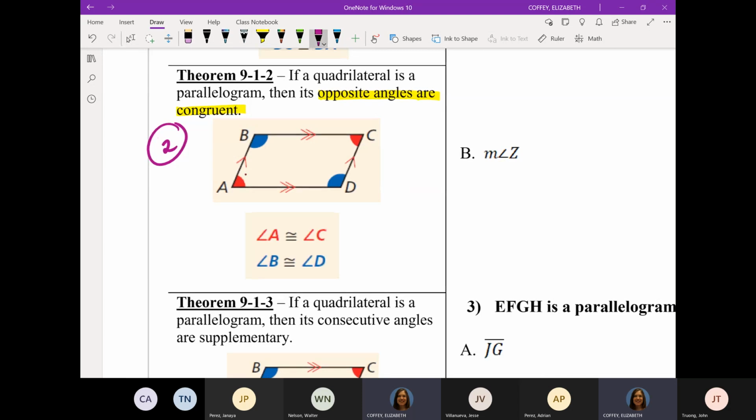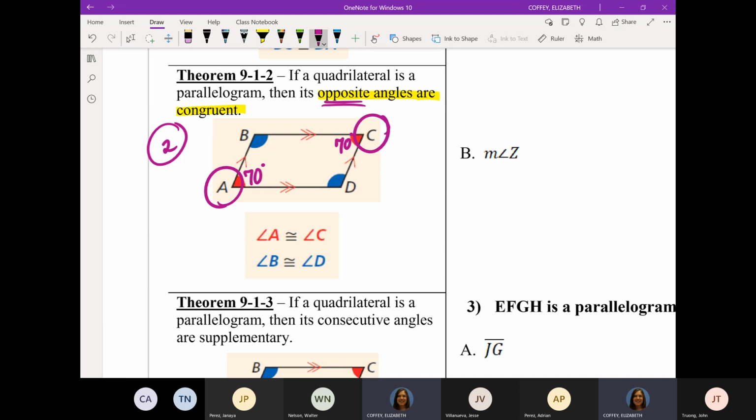If angle A was, let's say, 70 degrees, then I know angle C is how much? 70 degrees. So A and C are my opposite angles, right? That make sense?